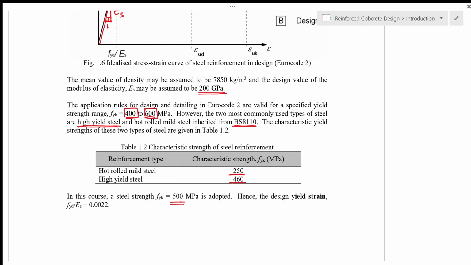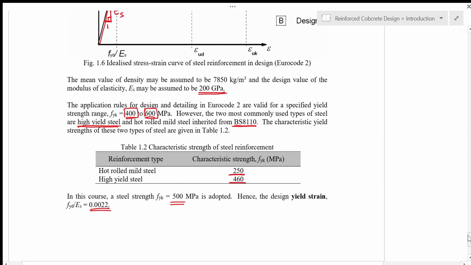Hence the design yield strength is fyd, the design strength of the steel.